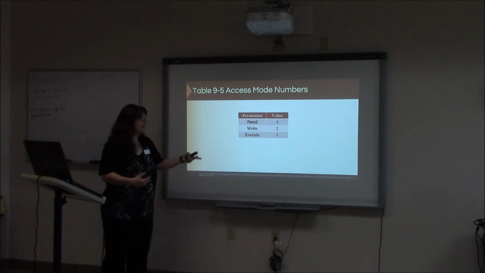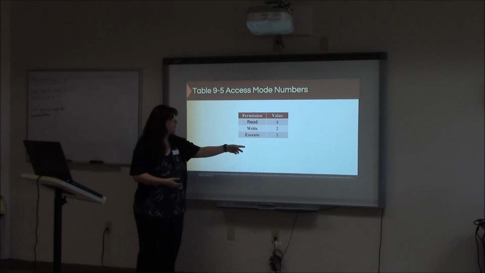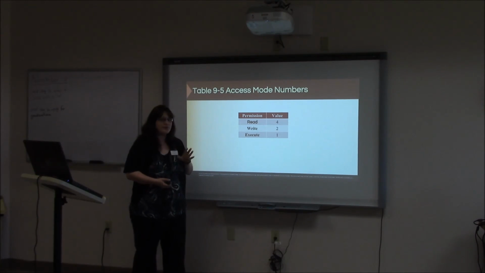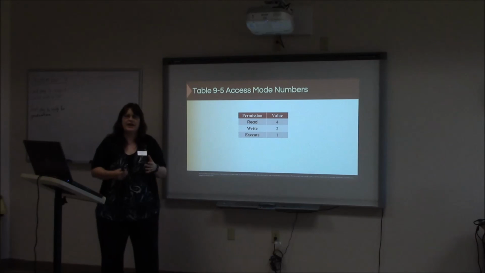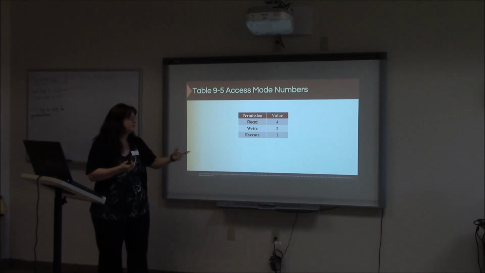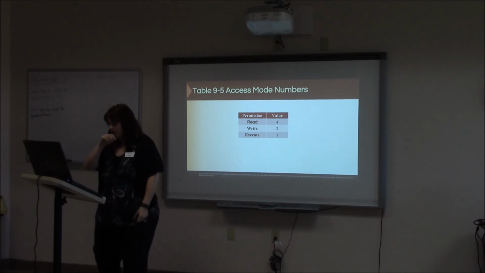And there's no way they can add up to the same number. So if you can read and execute, that's a 5. If you can read, write, and execute, that's a 7. So they look at that user compared to what that numerical value is to determine what you can do to the file, which is kind of interesting.